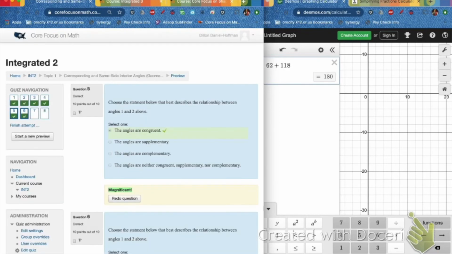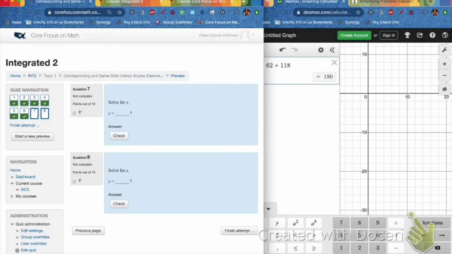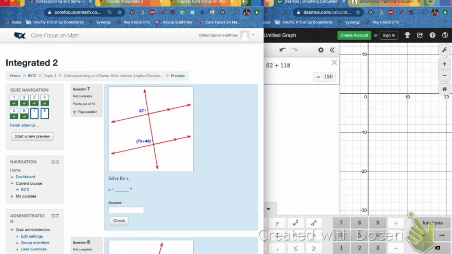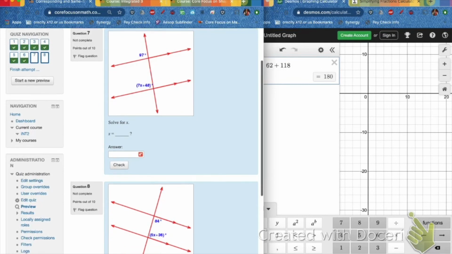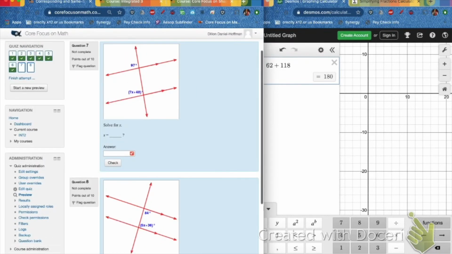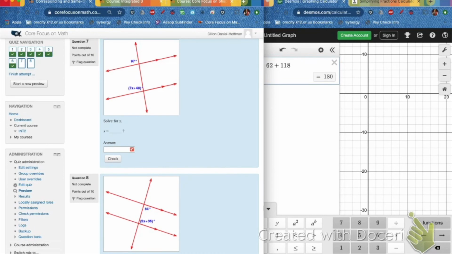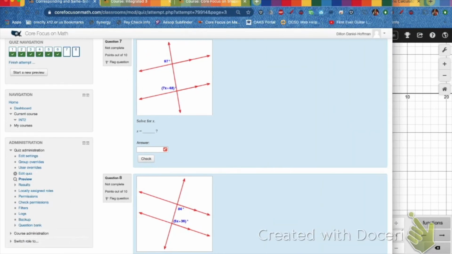And that's going to come in handy when we do our algebra, because a common mistake is that students try and make both of these situations congruent when they're not, and then they'll miss number 8. So I'm going to do what I did the last couple assignments with this, and I'm going to zoom out so that I can see both problems, and then I'm going to make this a little larger so I have space to write.